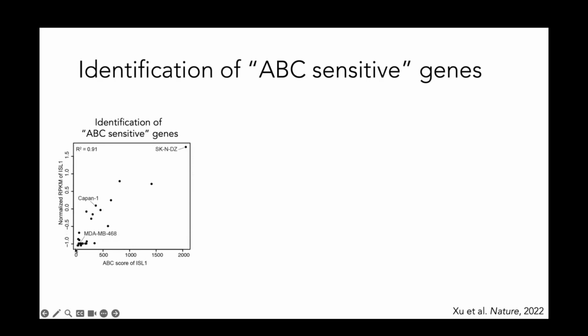So we can do this across the genome. We can identify basically by randomly permuting the scores, identify false discovery rates. And from this, we can say that we find about 900 genes in the genome that have significant correlations between these activity by contact scores and gene expression.